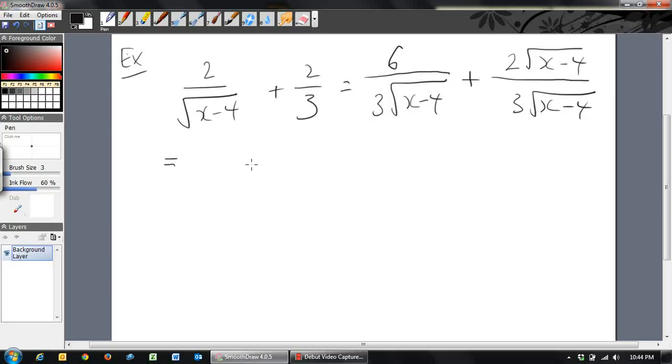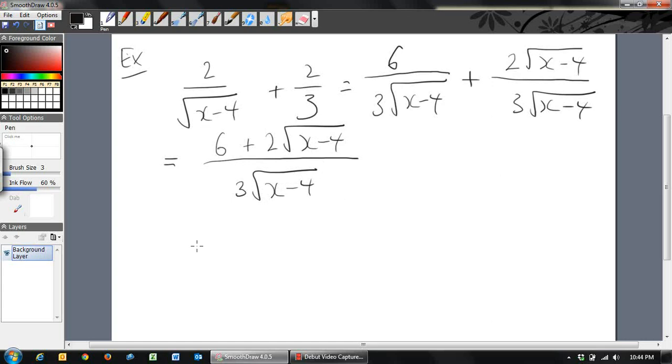Now that we have the same denominator, put them together. We've got 3 root (x minus 4) on the bottom line. On the top line we've got 6 plus 2 root (x minus 4), and that's as far as you can go. Nothing else will come from that. And you can see that that equals that. It just makes sense. You can see those square roots of (x minus 4) will cancel and you get 2/3.